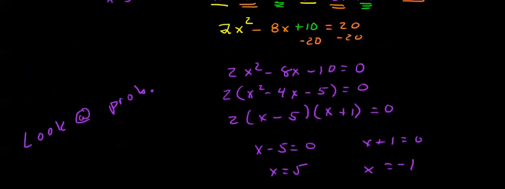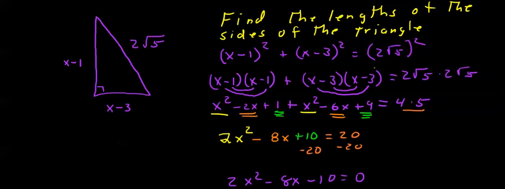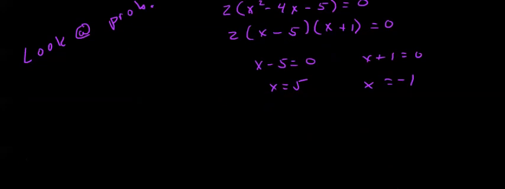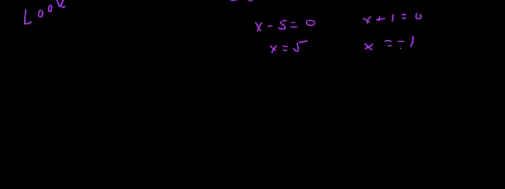Well, notice x is negative 1 or 5. If x is negative 1, this leg would be negative 1 minus 1, which is negative 2. A triangle cannot have a length of negative 2. Just because x has a negative value doesn't mean it's a bad solution.